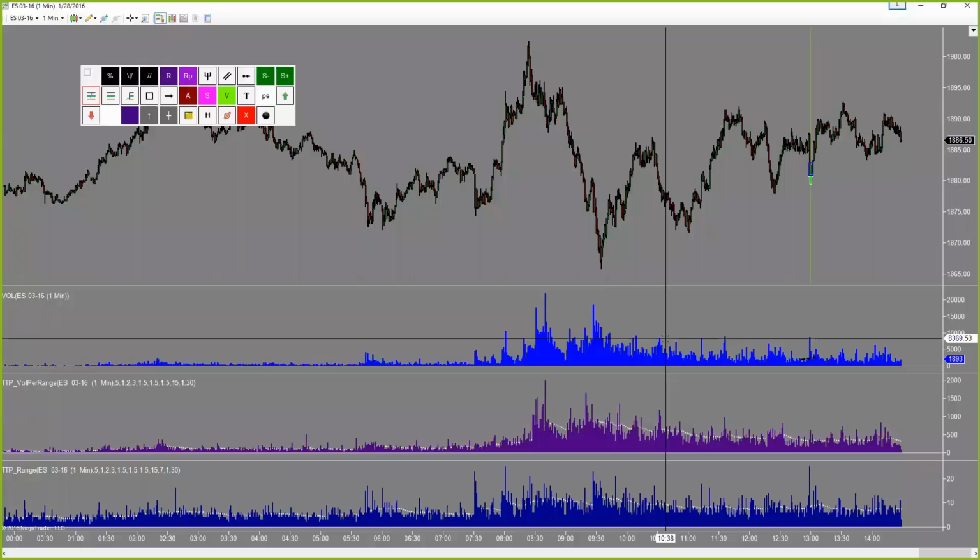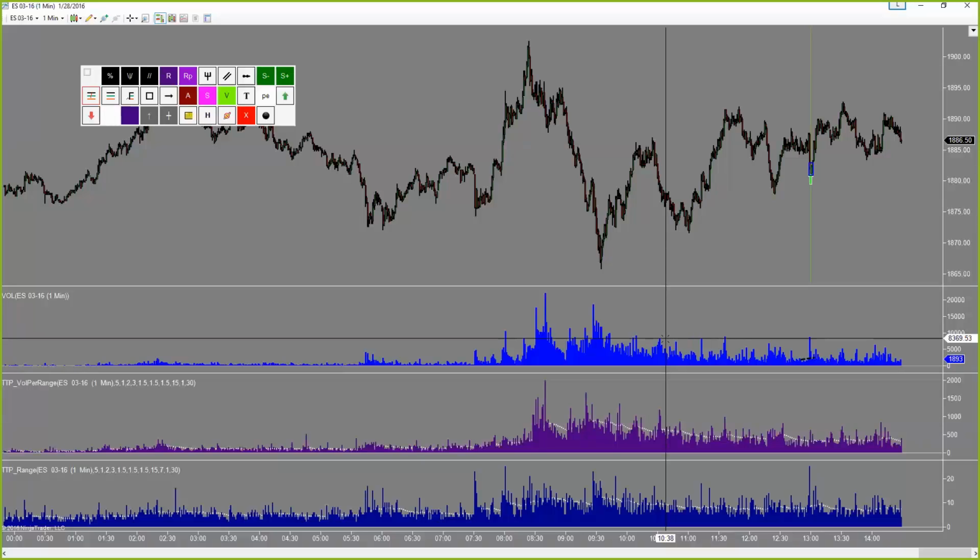So I took the idea of relative volume, refined it quite a bit, cleaned it up, made the code a lot more sophisticated, and added in these different volume per range signals, volume times range signals, for looking at climax bars, selling climaxes, buying climaxes, and looking at the degree of churn or the degree of volume per range, okay?